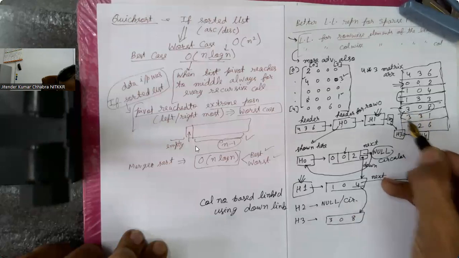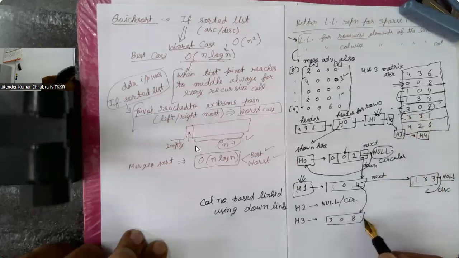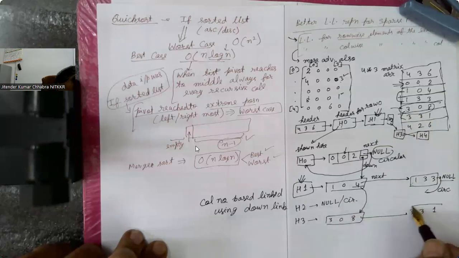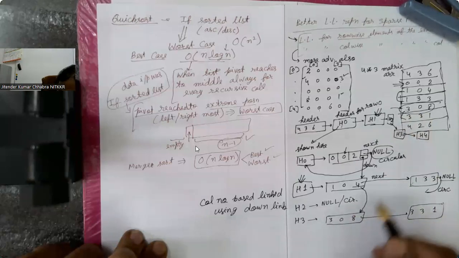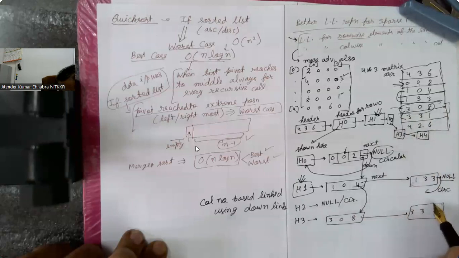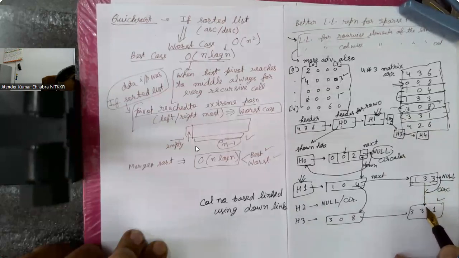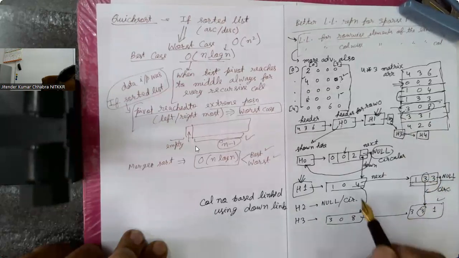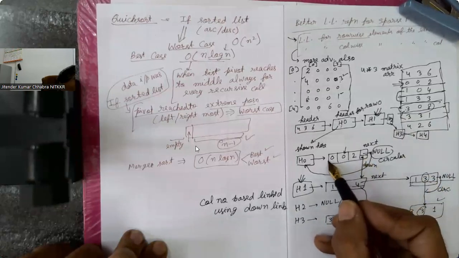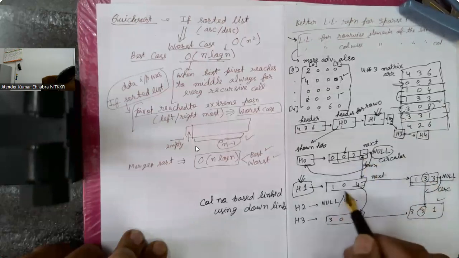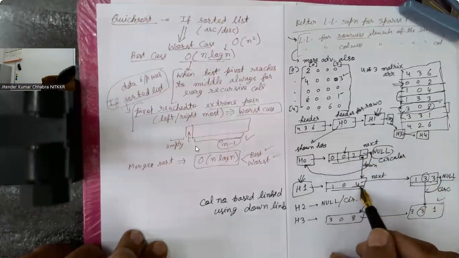H3 had 2 entries, 308 and 331. Correspondingly, these 2 entries, because corresponding to this node, it has the same column number, this link is also there. So you could say I have a downward link also.